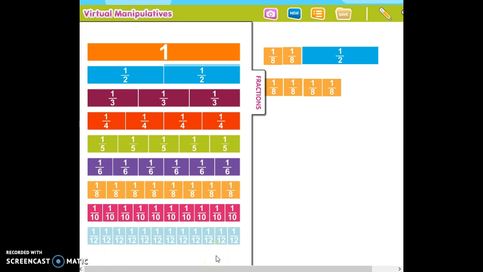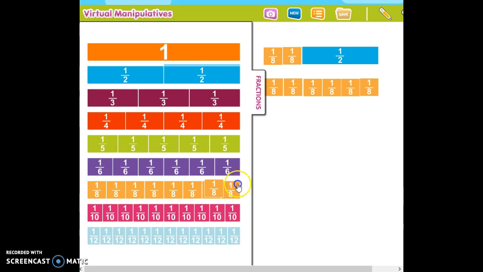We don't have 16ths. We don't have 12/16, but we could do 6/8, 6 copies of 1/8. So I'm going to bring out 6 of them instead to represent that.